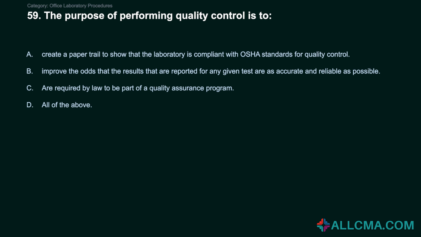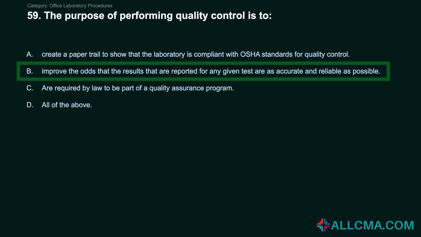59. The purpose of performing quality control is to A. Create a paper trail to show that the laboratory is compliant with OSHA standards for quality control. B. Improve the odds that the results that are reported for any given test are as accurate and reliable as possible. C. Are required by law to be part of a quality assurance program. D. All of the above.